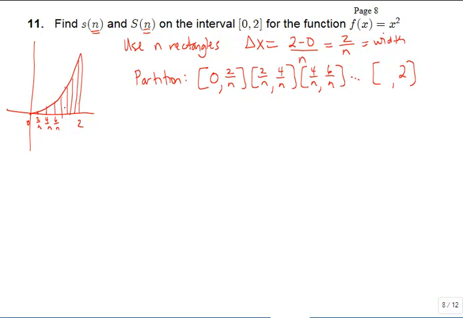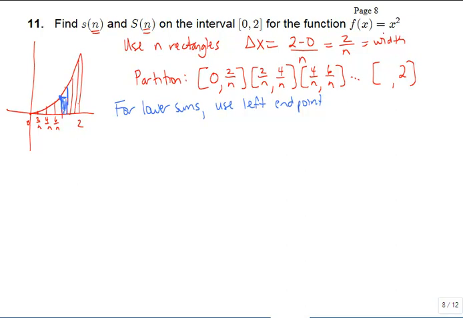If you look in the middle here, at this particular rectangle right here in blue, we want for the lower sum the minimum value on that little piece of the graph. And the lowest point on that little section is the left endpoint. And if I use that going across, I'm going to get what we call the inscribed rectangle. So for the lower sums, we need to use the left endpoint.